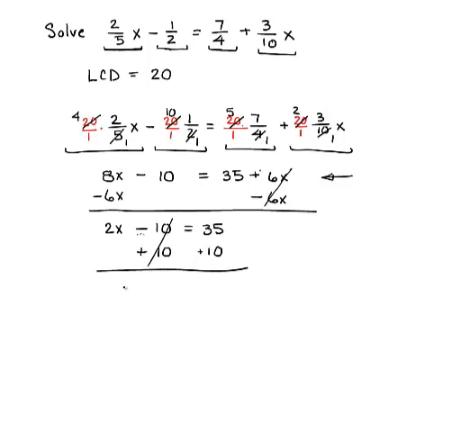So 10's go away and I have 2x equals 45. Now the last thing I do is either multiply or divide both sides to make sure that the coefficient of my variable is 1. Since I have 2 times x here, I'm going to divide by 2. So my 2's cancel and my x is simply 45 over 2. And that's my answer.